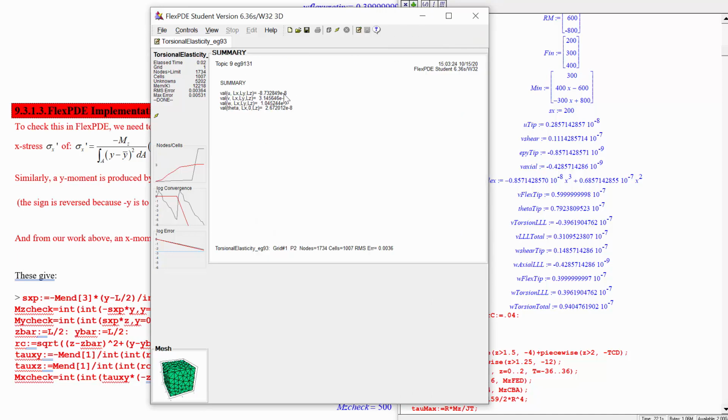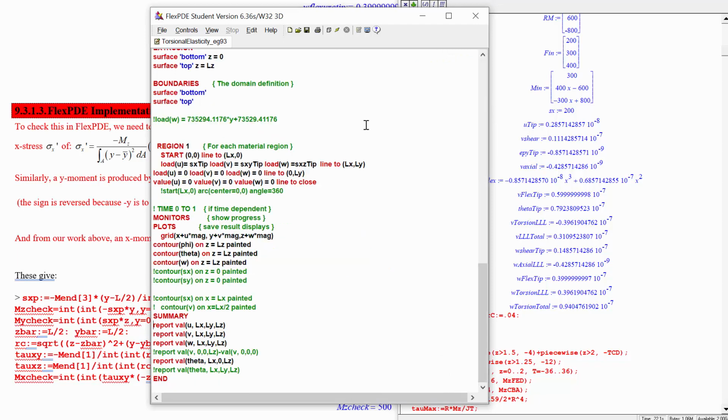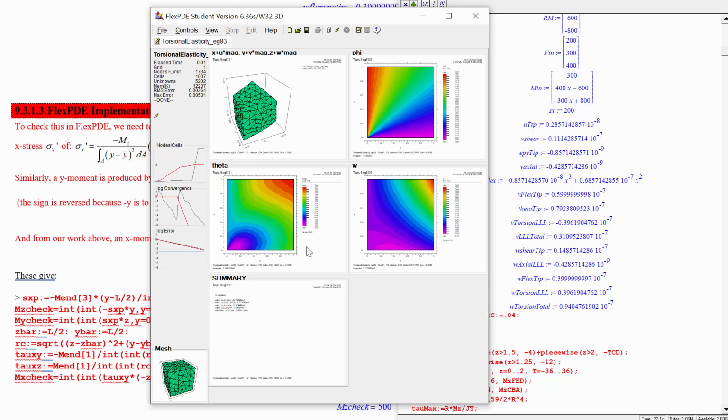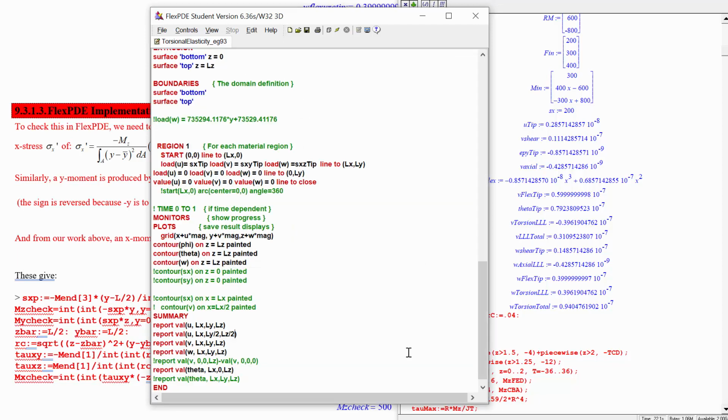Well, maybe this is from the bending, right? Let's figure out what the x displacement is at the center of the tip. So we'll report this at Lx and Ly over 2, Lz over 2. And that one is back to the x displacement we were picturing before.